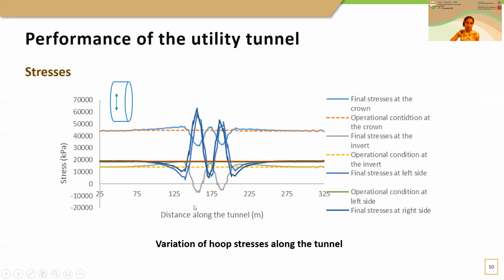What bothers us is the compression, because compression is the component that can cause buckling in this steel liner. As you can see here, the magnitude is quite small. Therefore, it was assessed that this much stress is not going to cause buckling in the steel liner.